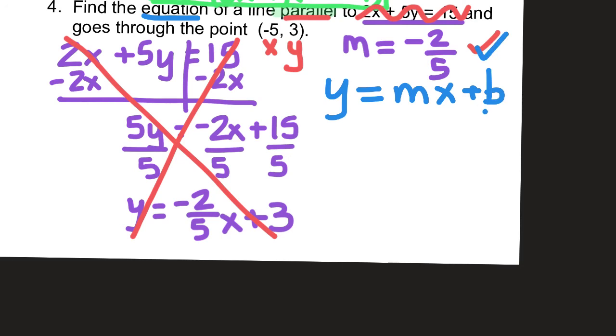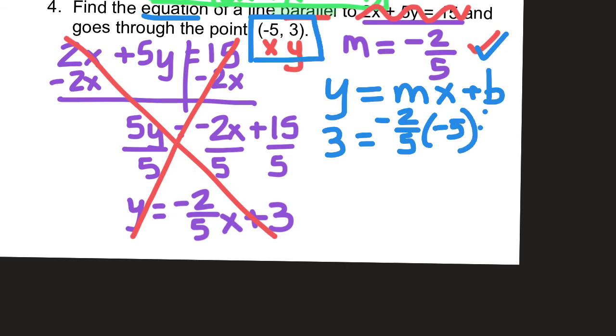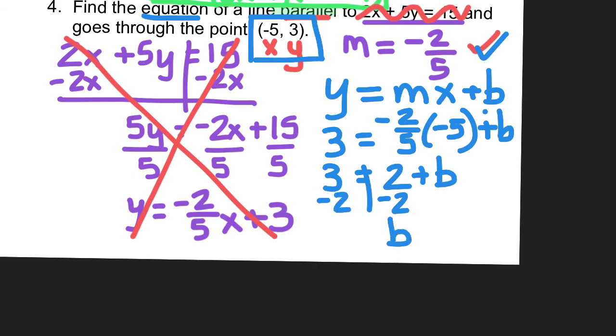To find my b, I'm going to use this point. I know it's on the line, so the y is 3, so I'll substitute it. The slope is the same slope as the original line, and the x is negative 5. I'll solve for b. And find that b is equal to 1.